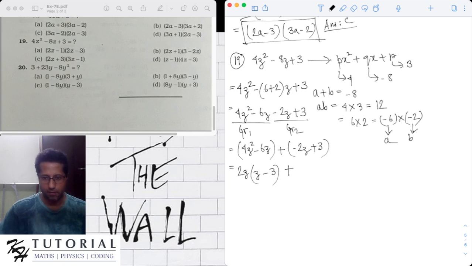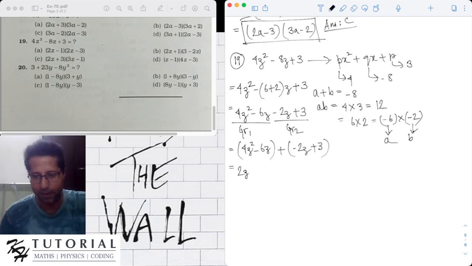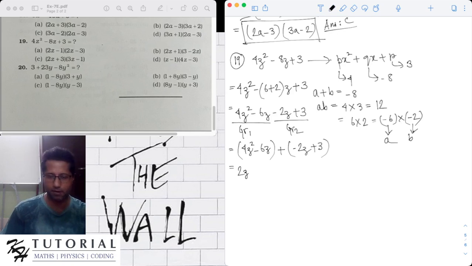I can see there is a common factor in both the terms of group 1, which is 2z. So if I factor out 2z, the first group becomes 2z multiplied by 2z minus 3, and the second group is minus 2z plus 3.